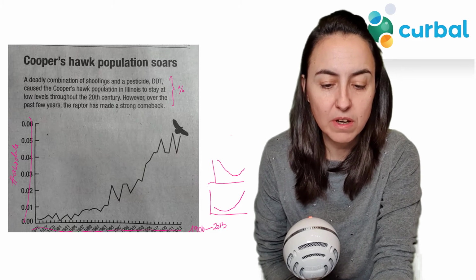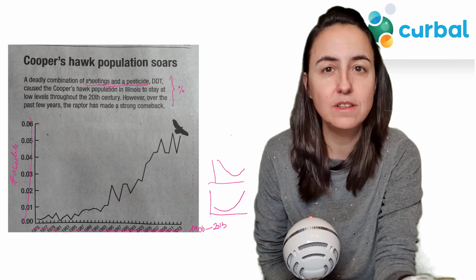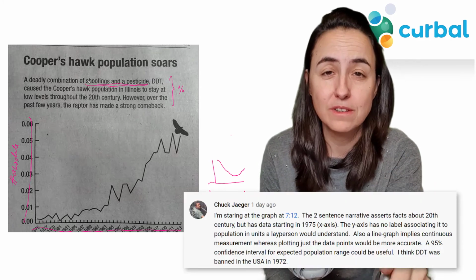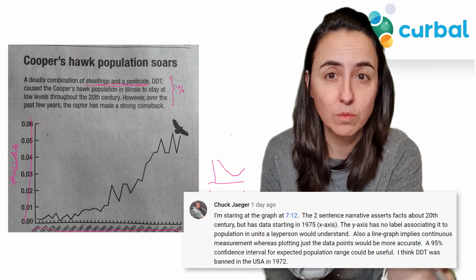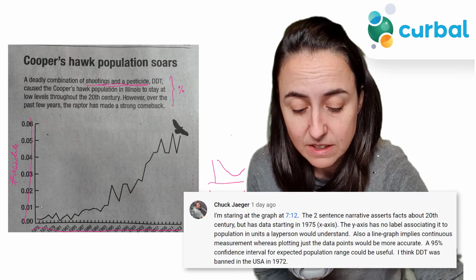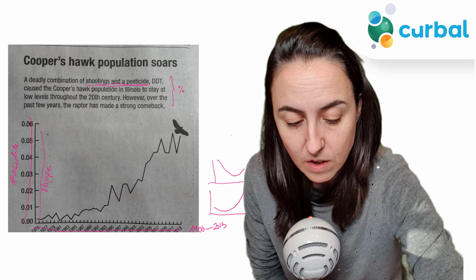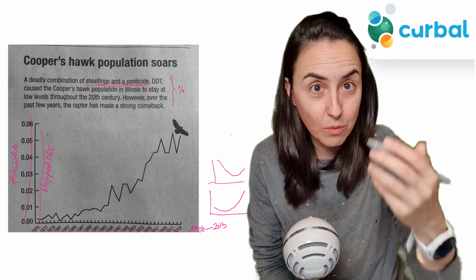If you're talking about shooting and pesticides, you need to somehow refer to them in the chart. One of you actually went and looked, and said DDT was stopped in Illinois around the 70s. So you could write a line and say "DDT stopped." That would have helped a lot.